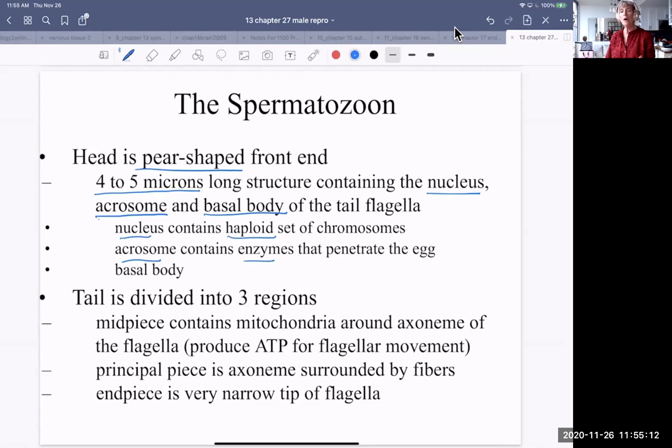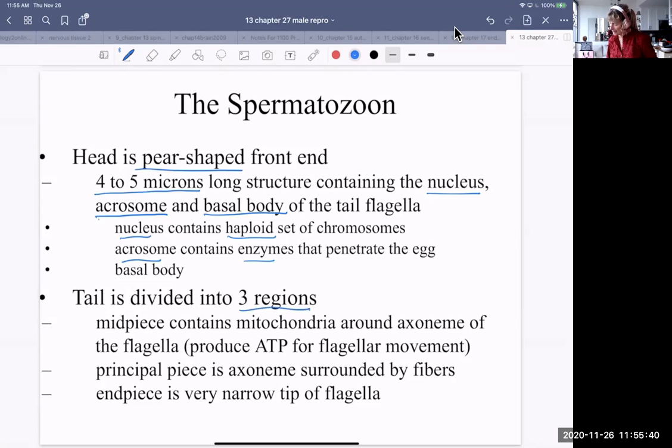The enzymes are required to break into the egg. So we'll talk about that in development and fertilization, where it takes many sperm to actually get through the outer coating of an egg, although only one sperm will be introduced into the egg in the end. And then there's this really fast block where no other sperm can get in.